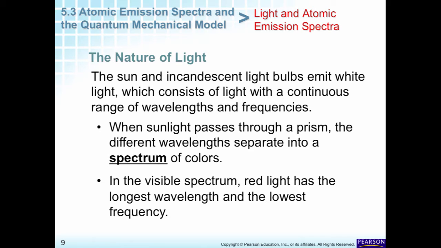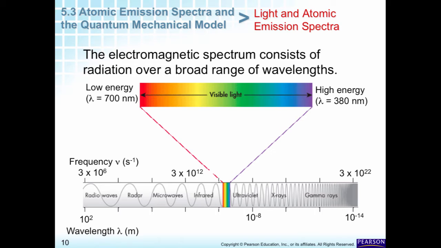In the visible spectrum, red light has the longest wavelength and the lowest frequency. The electromagnetic spectrum consists of radiation over a broad range of wavelengths. We start down in the red range, which is 700 nanometers. If we remember from when we converted using factor label, a nanometer is 10 to the minus 9 meters. So this is a very, very small amount.